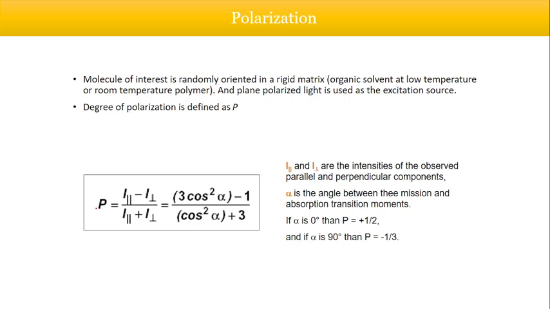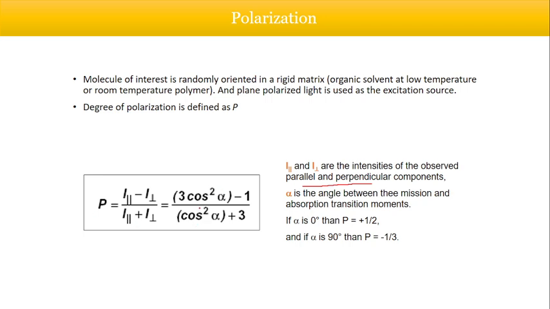Now coming to polarization. A molecule of our interest can be randomly oriented in a rigid matrix, and plane polarized light is used as the excitation source. The degree of polarization is defined as P, where P is equal to the intensity observed in the parallel component minus the perpendicular component, divided by the sum of the two.